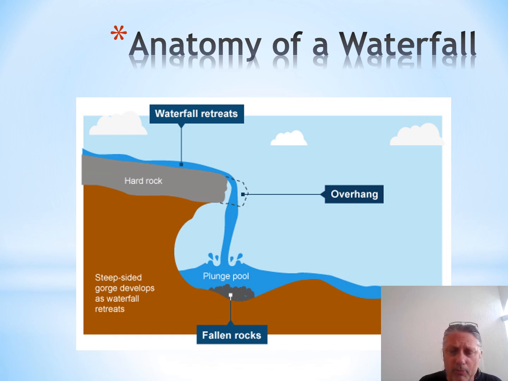These rocks are removed seasonally after the fish spawn, so you can have safe swimming conditions, but you have to have hard upper rock, less erosion resistant lower rock, and what happens is this gets eroded, this falls, this gets eroded, this falls, and you continue to have a waterfall.